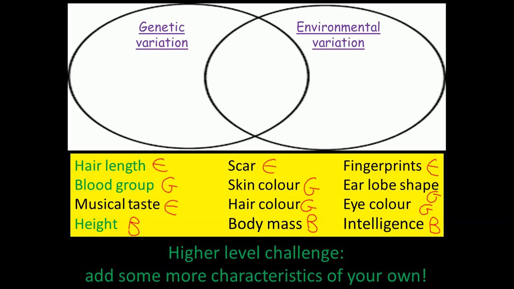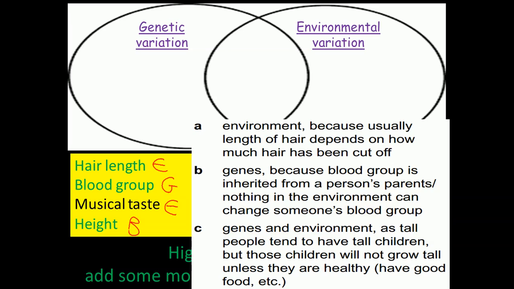For example, hair length is an example of environmental variation because the length of hair depends on how much hair has been cut off. Blood group shows genetic variation because the blood group is based on the genes that are inherited from a person. So if we inherit different genes, that means that we will express different blood groups. So that means that there is variation genetically.